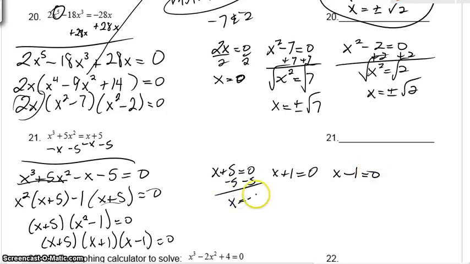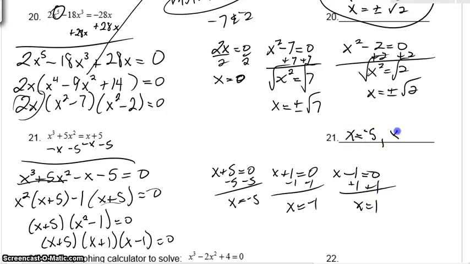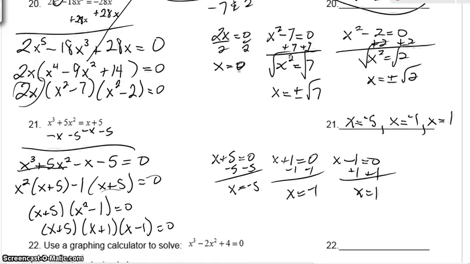You get x equals negative 5. Minus a 1, you'll get x equals negative 1. Add a 1, and you'll get x is equal to positive 1. So you're going to be left quickly now with the 3 answers of positive 1, negative 1, and negative 5.